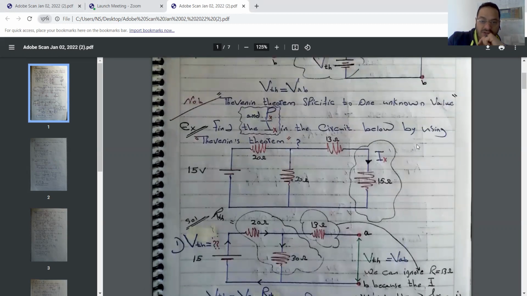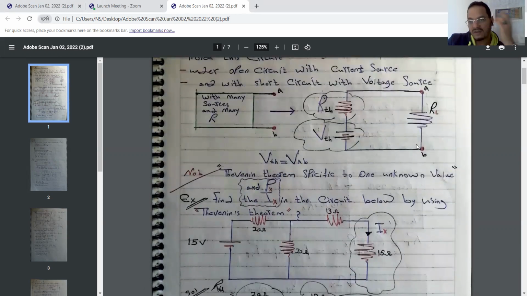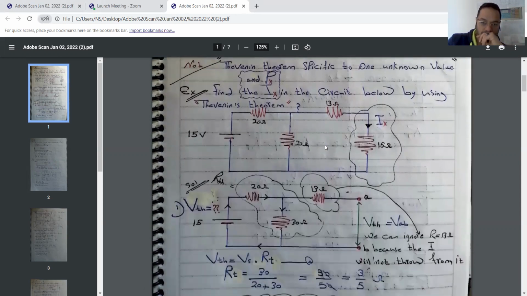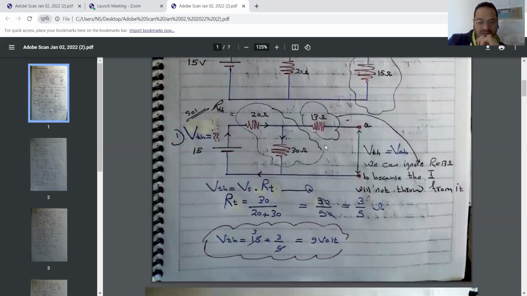Like I said before, we have a few steps. We will calculate the Thevenin resistance. After that, we will calculate the Thevenin voltage, because it's necessary to determine the final value of the Thevenin voltage.